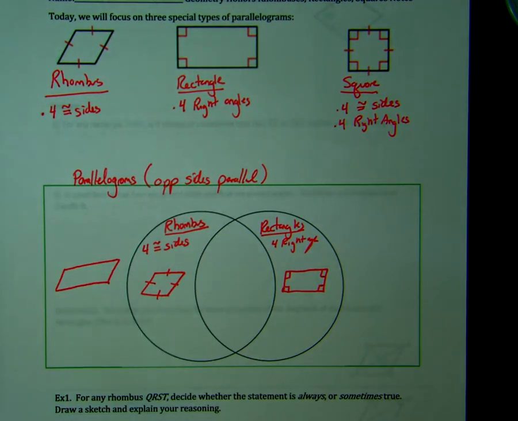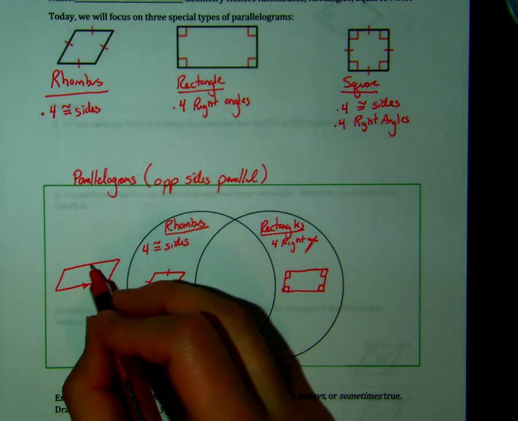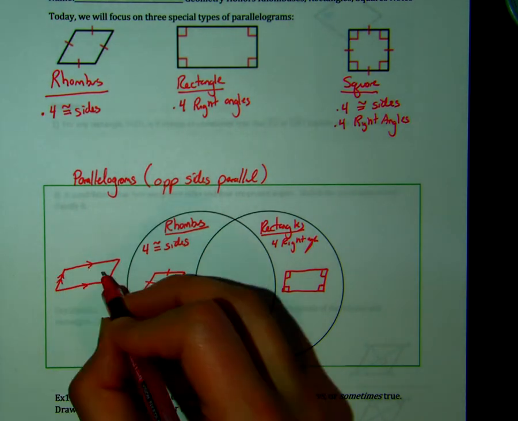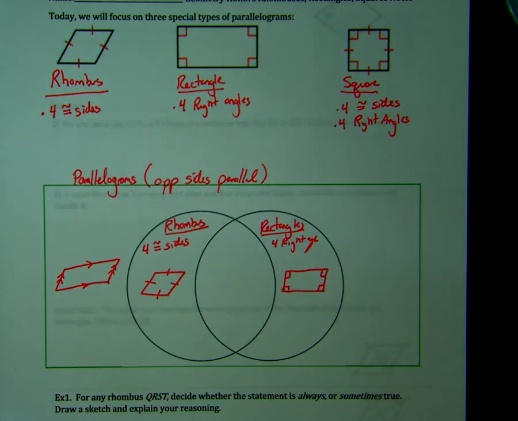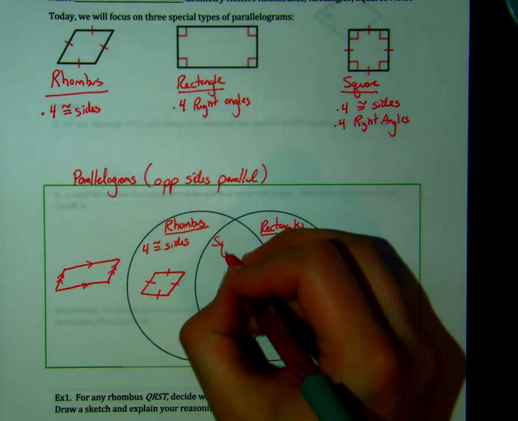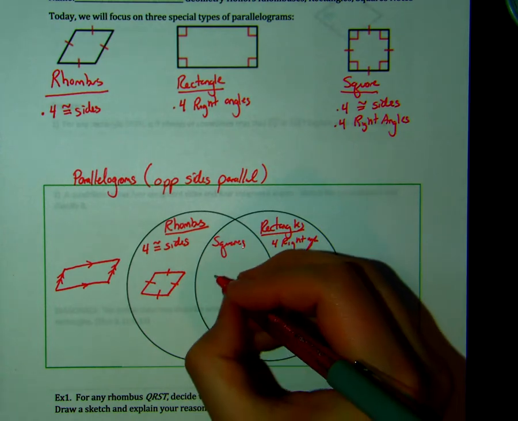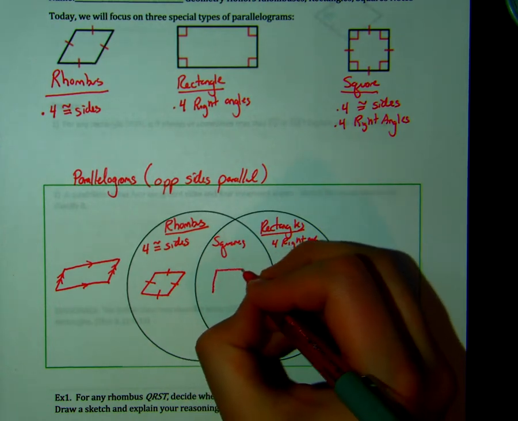So it would be just something kind of like this. We can still mark the parallel sides. In this Venn diagram now, the overlap, something that will have these four right angles as well as these four congruent sides, this is where we're going to put squares. So you can kind of see the hierarchy.